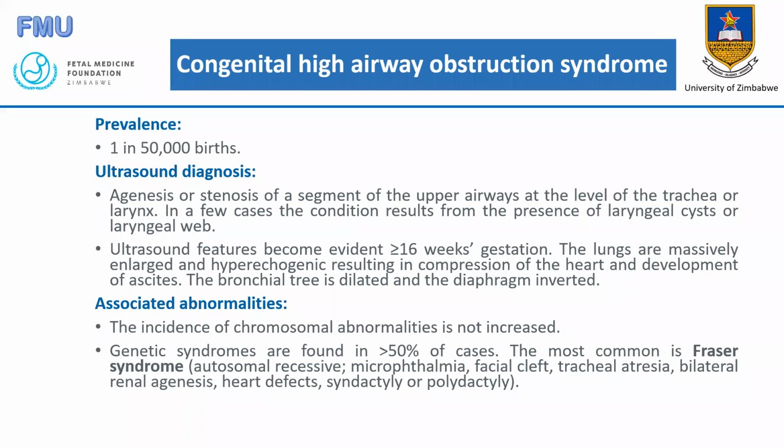Then what is Fraser syndrome? It's a syndrome where we have small eyes. Small eyes is what you call microphthalmia, and there is a facial cleft, and also the tracheal atresia, which is responsible for the CHAOS, and the bilateral renal agenesis and heart defects, and syndactyly or polydactyly.